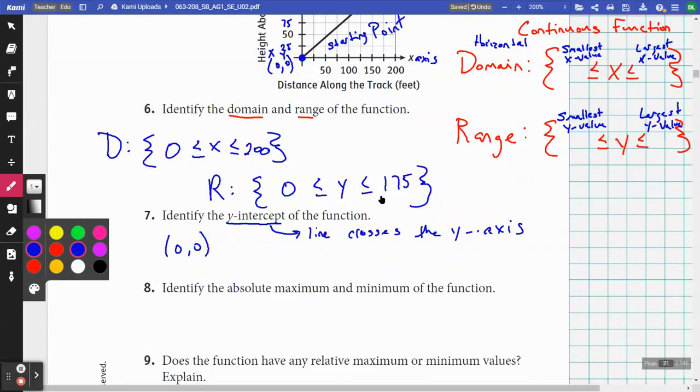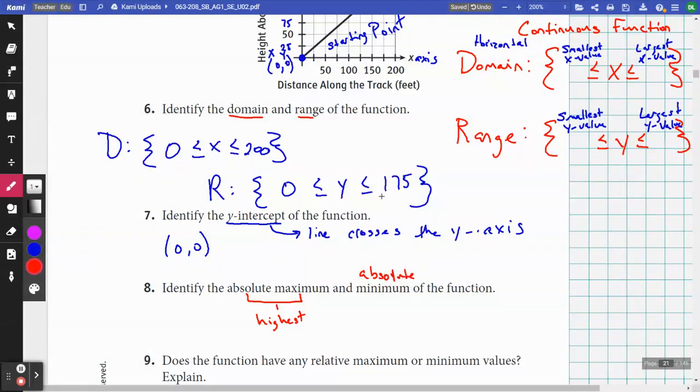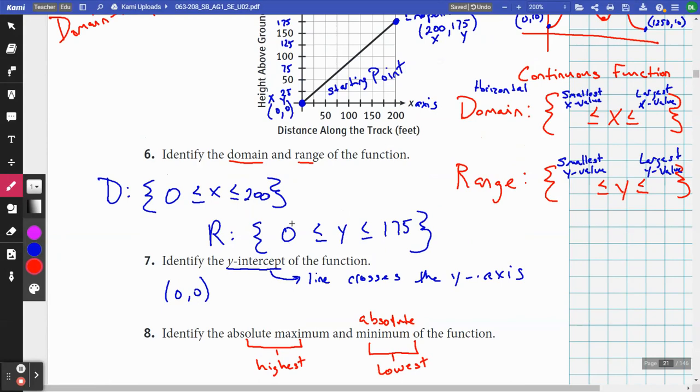Absolute maximum. The absolute maximum, again, represents the highest. The absolute minimum, again, represents the lowest. So what is the highest point?